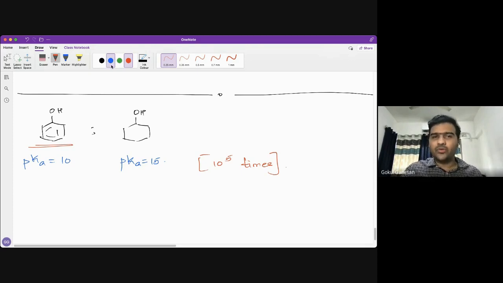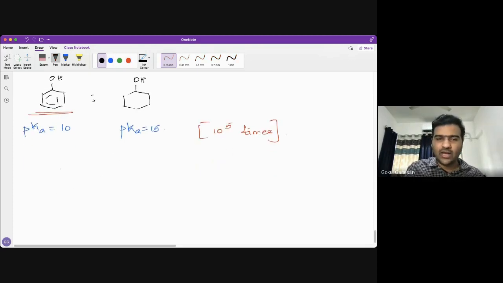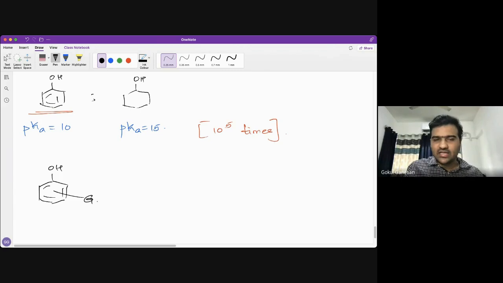Right? Now we are going one step further to understand what happens when I put a substituent on the phenol. Do substituents affect the acidity? And if yes, how would they characteristically change the acidity constant of phenol? And we find that phenols exhibit a very, very marked substituent effect.